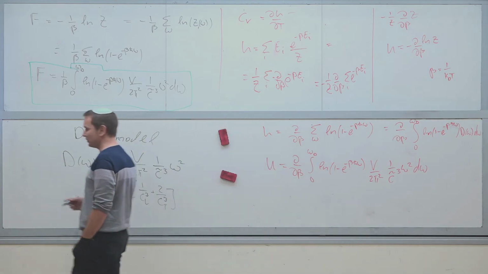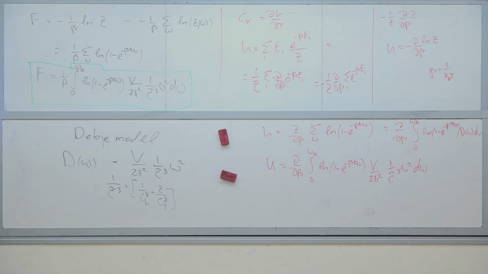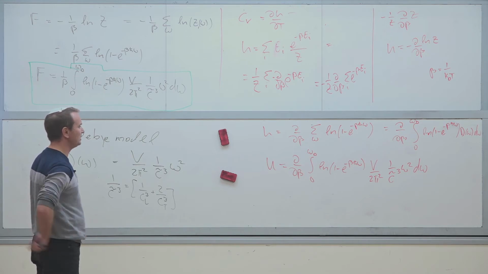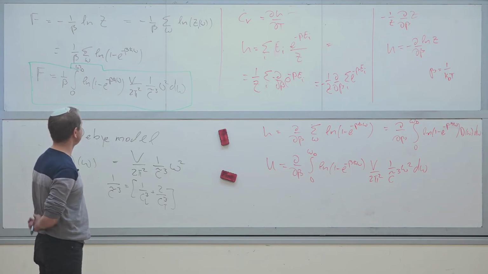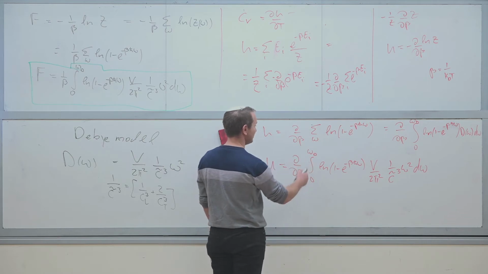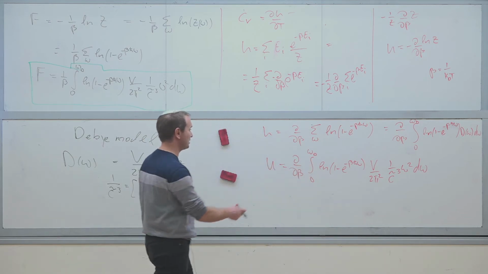So the only thing that's left is to take the derivative. Anything else that happens over here? Nothing really. So we're now taking the derivative with respect to beta.